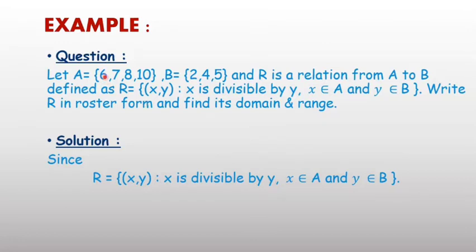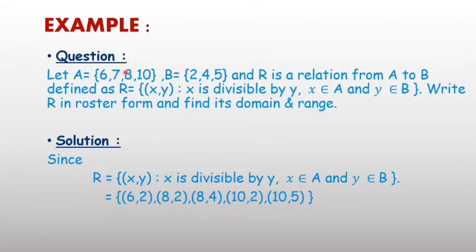6. First element in the ordered pair, taken as 6. 6 is divisible by 2, means one ordered pair is (6,2). 6 divisible by 4 or not? 6 is not divisible by 4. We cannot write it. Now with 7, take the same pattern. 7 divisible by 2?